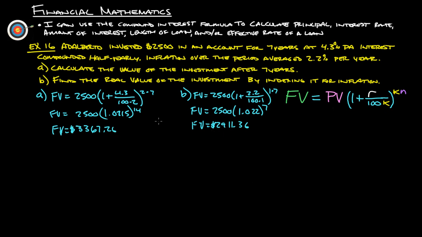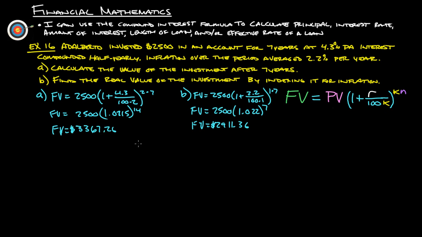So really, the interest that was made here was like $800, right? But with the inflation taken into account, you didn't really actually make as much money, in today's dollars, so to speak.